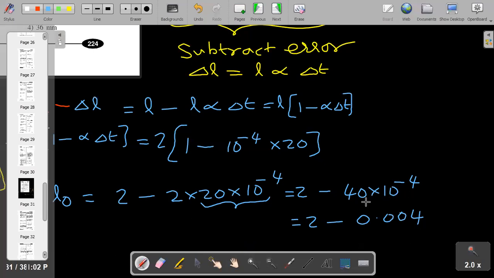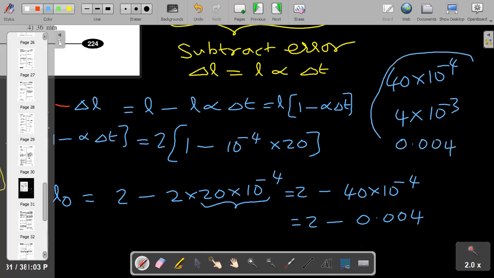Because 4 into 10 power minus 3, right? Yes, sir. Simple calculation. 40 into 10 power minus 4, we can write 4 into 10 power minus 3. 4 into 10 power minus 3 means 0.00 and then we have to write 4.